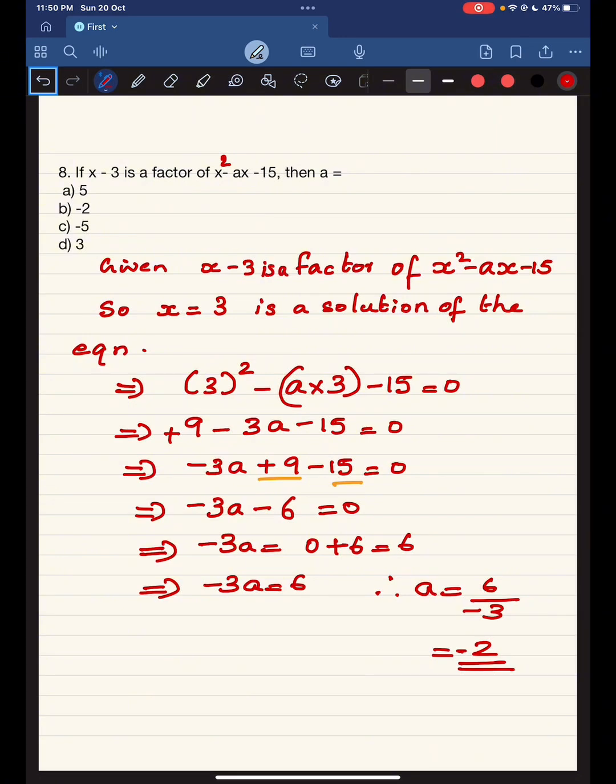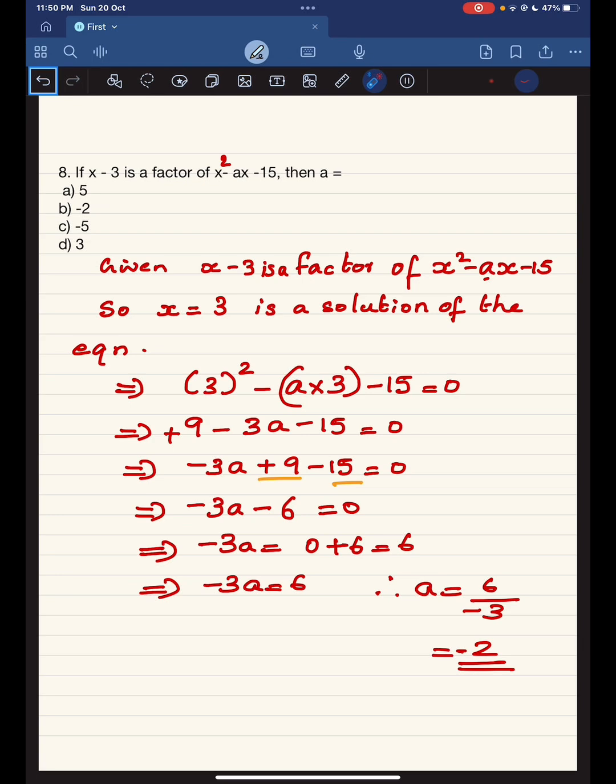That means if x minus 3 is a factor, then x is equal to 3 is a solution of the equation x square minus ax minus 15. So if we put x equal to 3, we get RHS equal to 0.